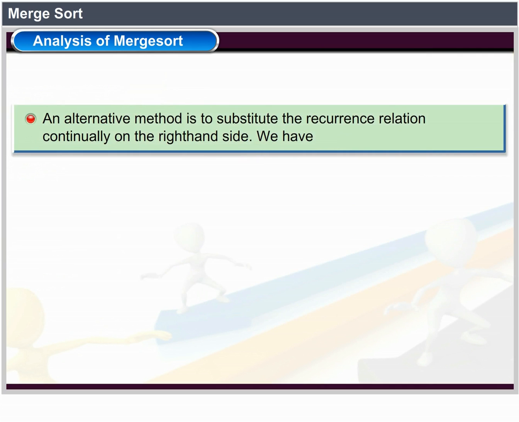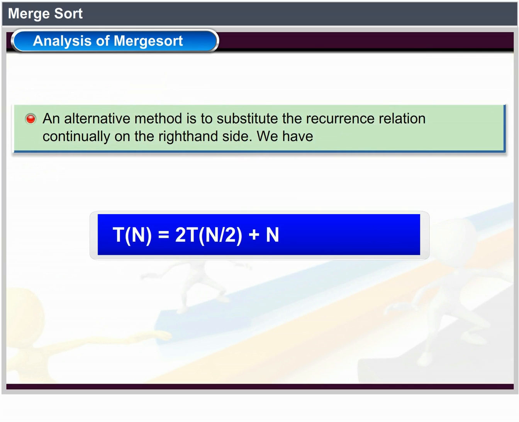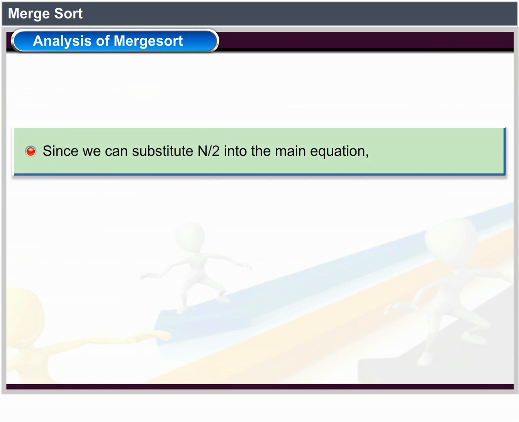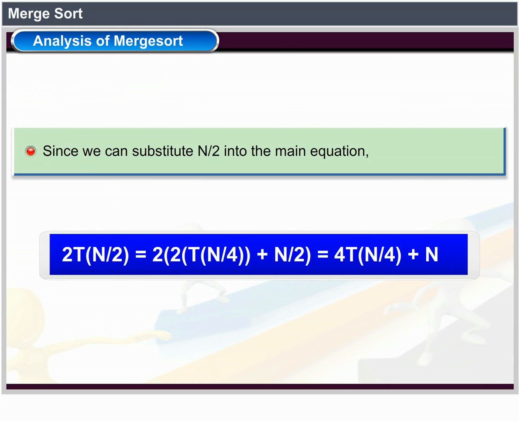An alternative method is to substitute the recurrence relation continually on the right hand side. We have T(n) equals 2T(n/2) plus n. Since we can substitute n/2 into the main equation, 2T(n/2) equals 2 times 2T(n/4) plus n/2, which equals 4T(n/4) plus n.